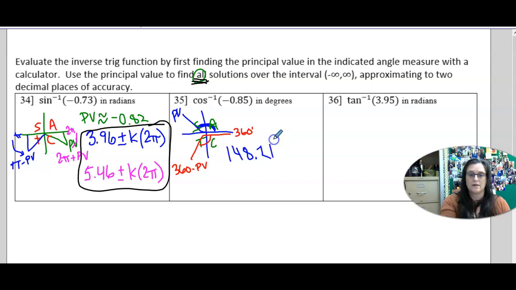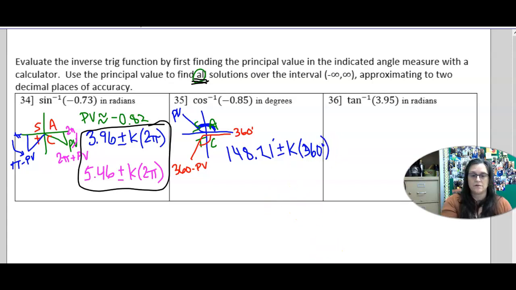So our first solution, the principal value, is 148.21 degrees, plus or minus k times the period in degrees, which would be 360.